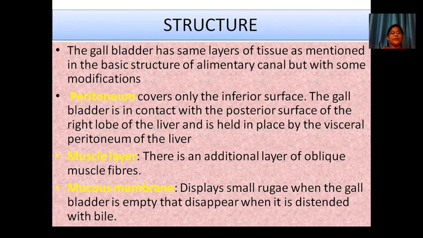And this peritoneum covers only the inferior surface, and the gallbladder is in contact with the posterior surface of the right lobe of the liver and is held in place by the visceral peritoneum of the liver. Okay, so here you can understand, with the help of this visceral peritoneum of the liver, the gallbladder is in contact with the posterior surface of the right lobe of the liver.